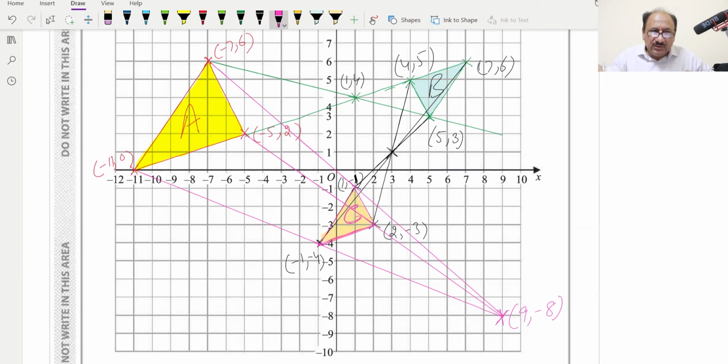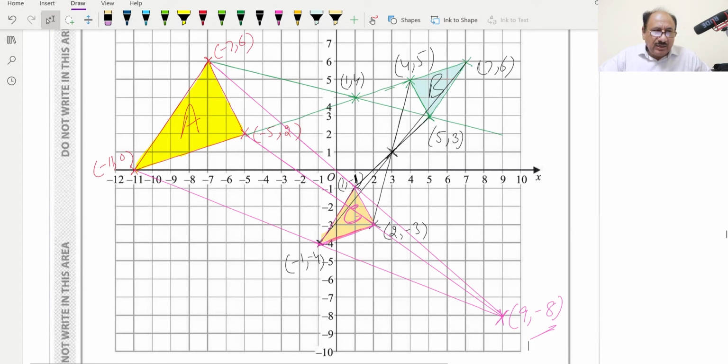It's basically, yes, 9 and -8. So this will be the center of enlargement, and scale factor is 2.